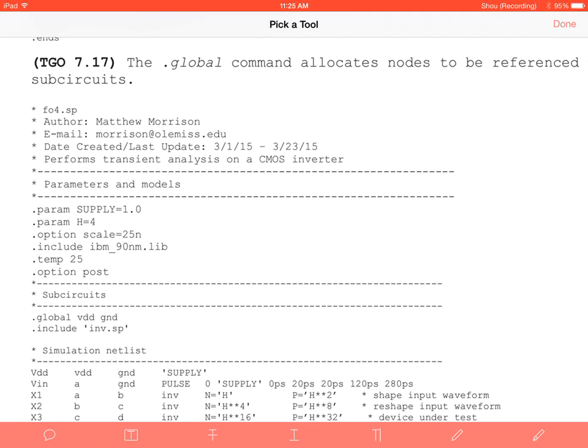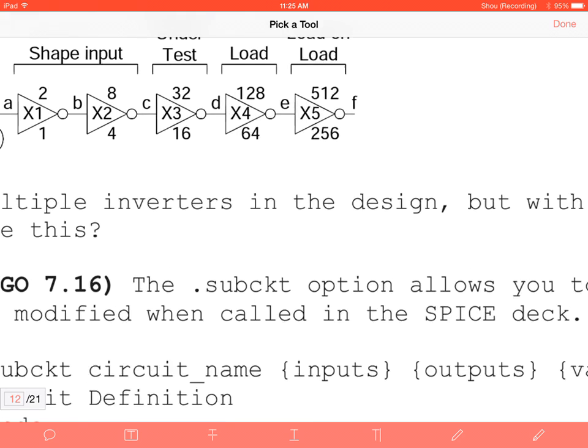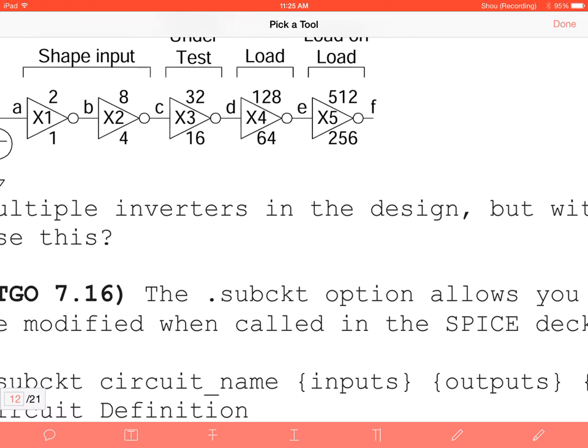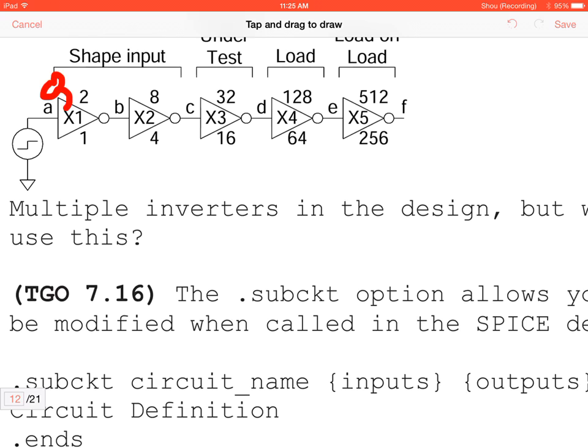The reason this becomes useful is if we go back to our circuits, you see that they're all multiples of 4, and they all increase. So this 2 and 1 is actually going to be 8 and 4. This 8 and 4 is going to be 32 and 16. That multiplies because we have to relate it back to our 2 lambda.